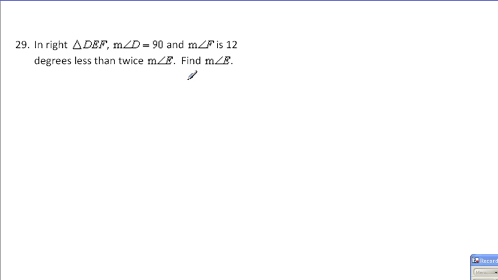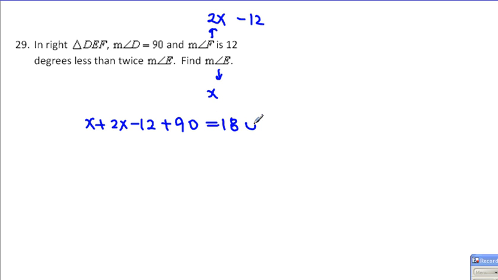Alright, so since these three angles must add up to 180, angle F is 12 degrees less than twice E. So let's call this one angle x. That means angle F would be 12 less than twice angle E. If we add up these three, we get x plus 2x minus 12 plus 90, and this must be equal to 180.